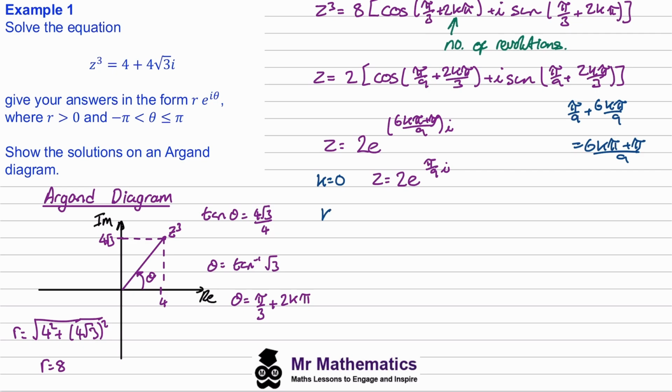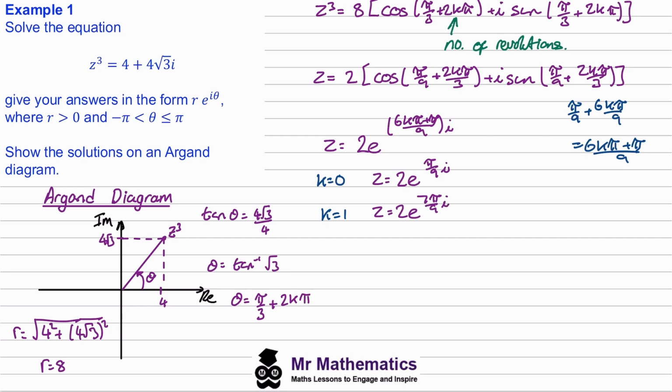And then when k equals 1, we'll substitute 1 into here. This means we'll go 1 full rotation, and then we'll add theta. So z will equal 2e to the 7 pi over 9 i.